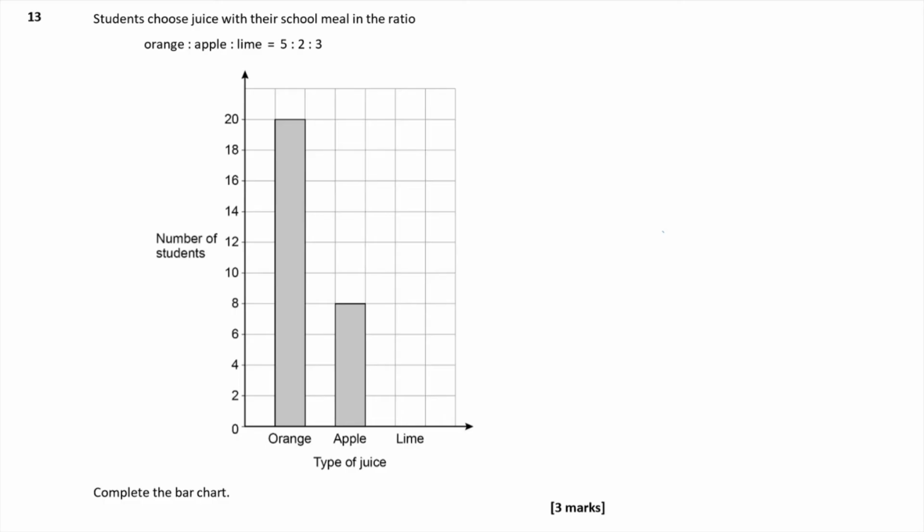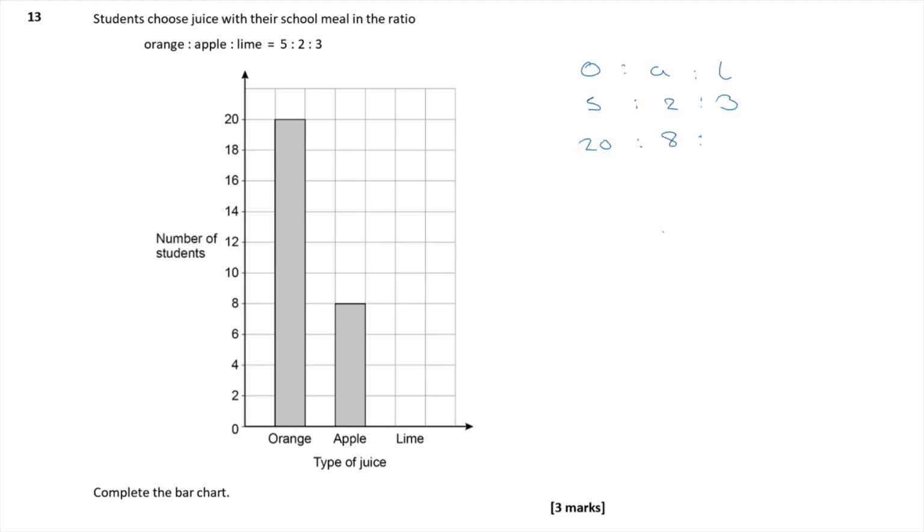So the original ratio is orange to apple to lime in the ratio of 5 to 2 to 3. But on the bar chart, I've got orange at 20 and apple at 8, but I don't have the lime one. That's the one I need to finish my bar chart off.